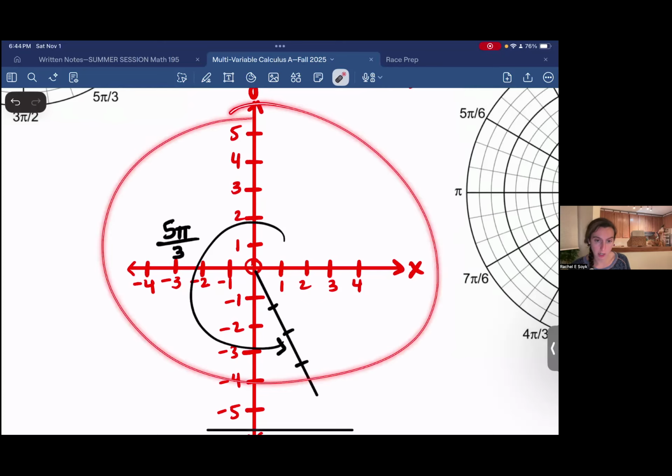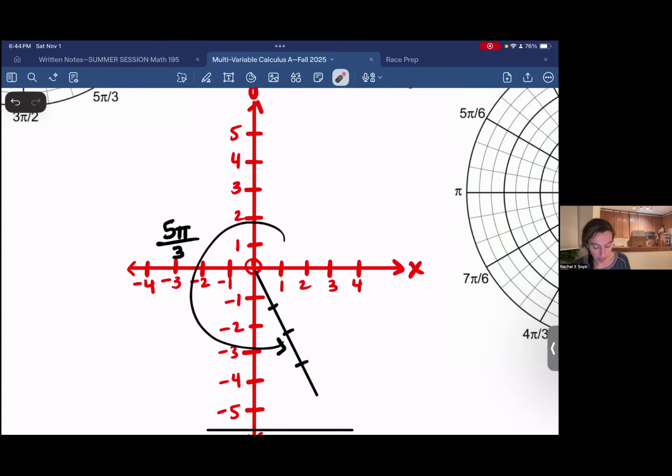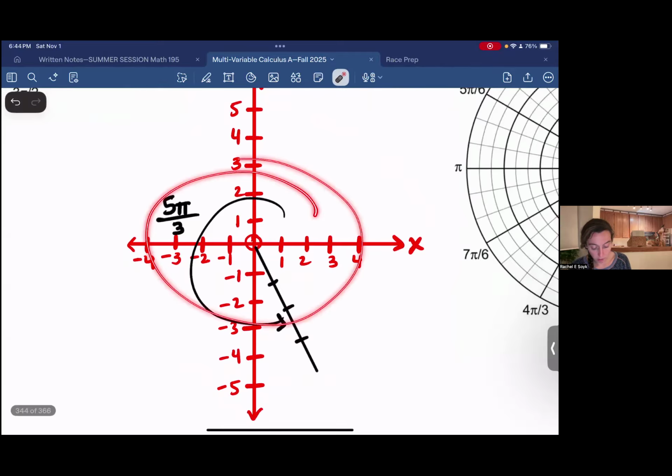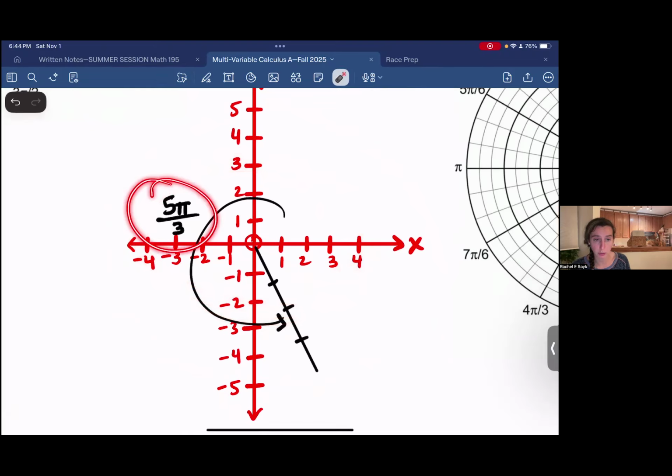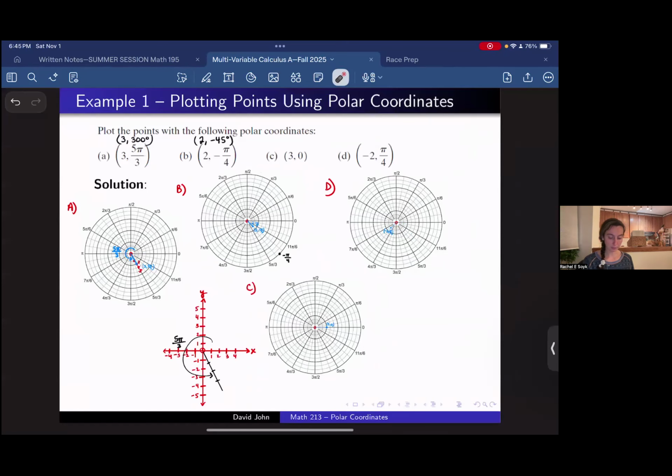You create your x and y axes, and then again, think about an imaginary circle so that you can plot that pi over 3, 5 pi over 3, which is 300 degrees, which is over here. And then from the origin, you count out 3 units for your radius. So this would be your point, 3 comma 5 pi over 3. We're done. Okay. So let's keep going.